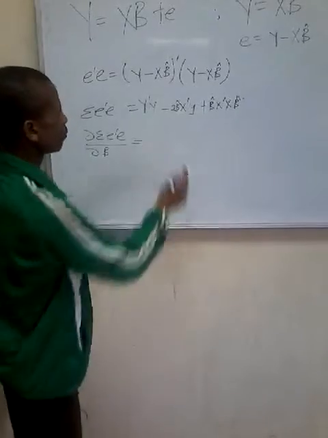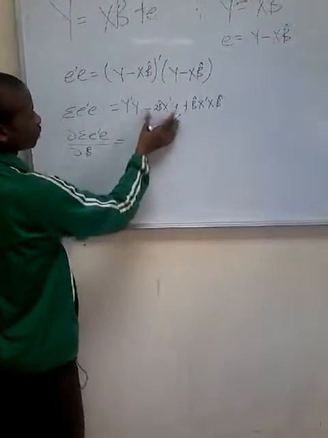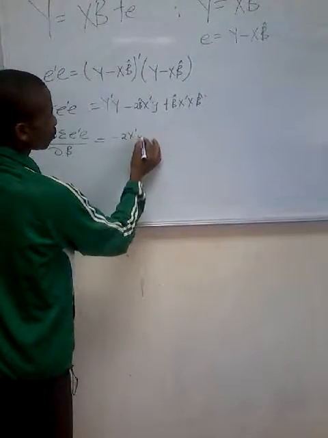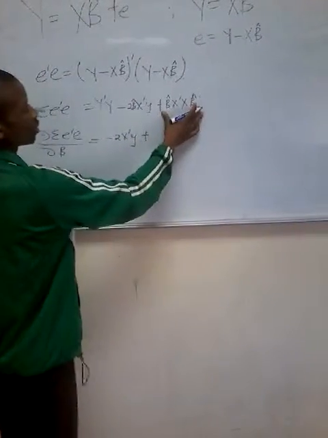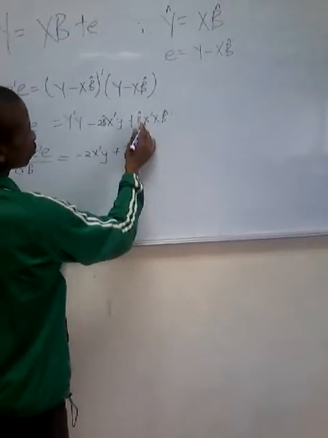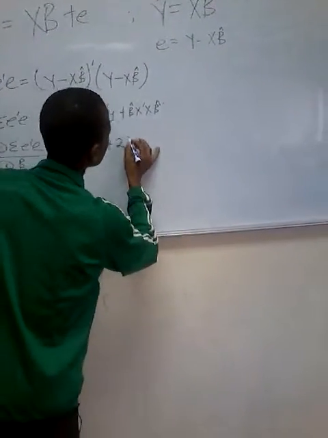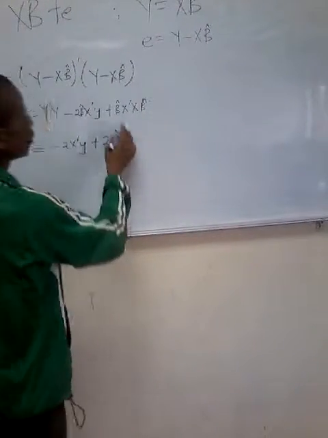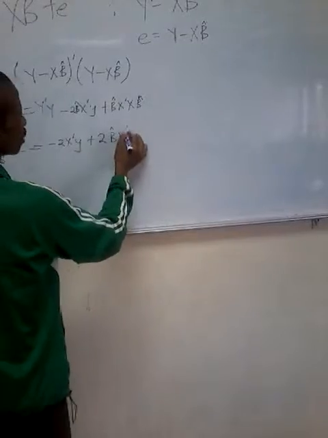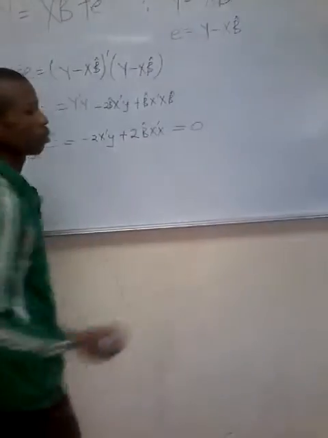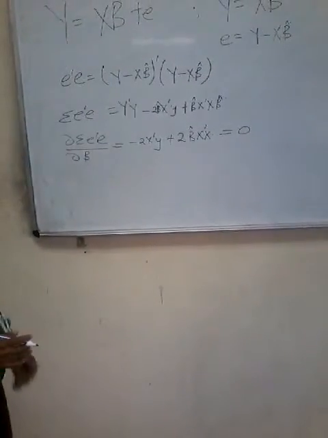Then if we find the first derivative with respect to beta, it's negative 2 X transpose y, plus 2 beta hat times X transpose X. Then by minimizing, we equate this to 0.